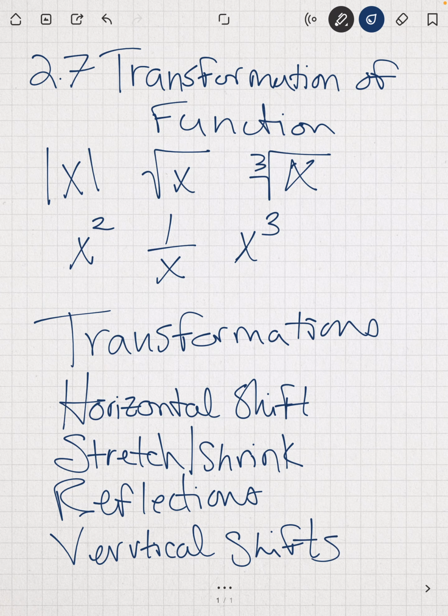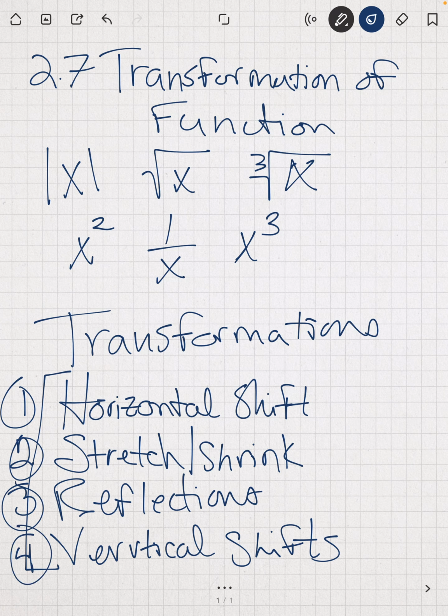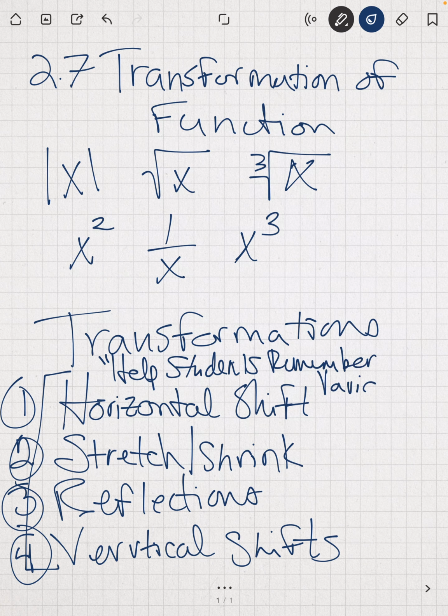I introduced them in this order because this is the order that we apply them: H, S, R, and V. So you might remember the mnemonic: help students remember variables.